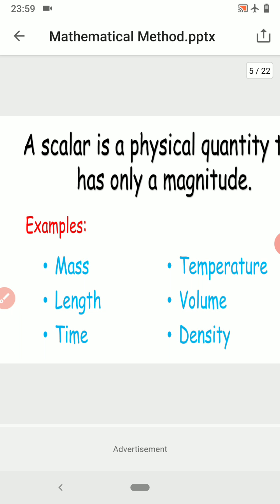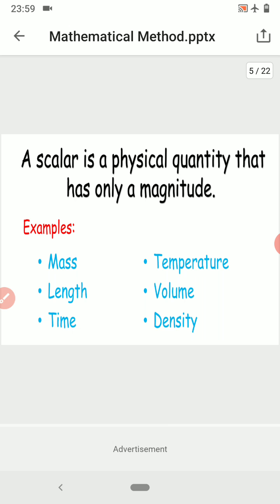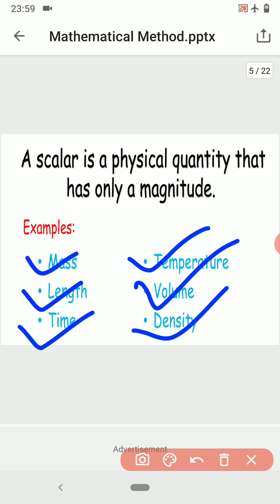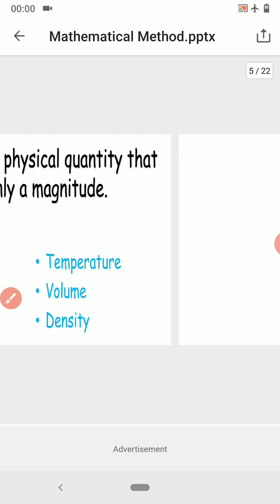Here are some examples of scalar quantities: mass, length, time, temperature, volume, density, etc.